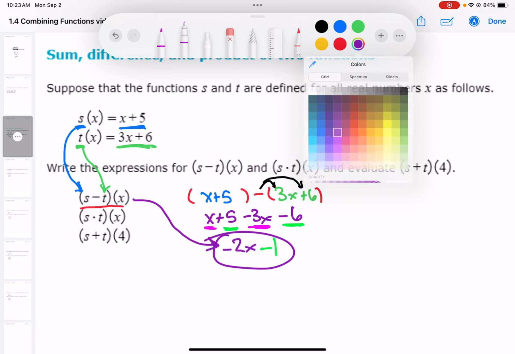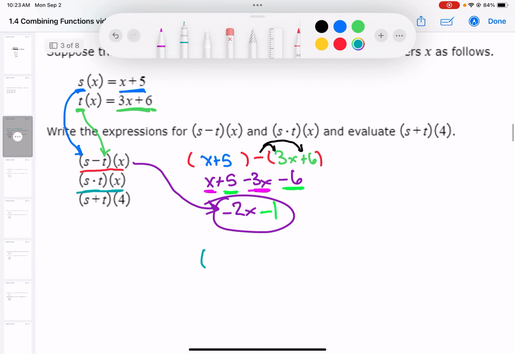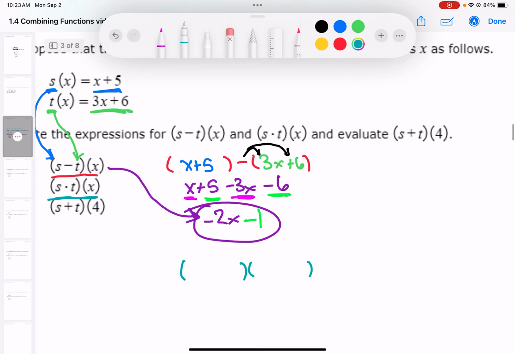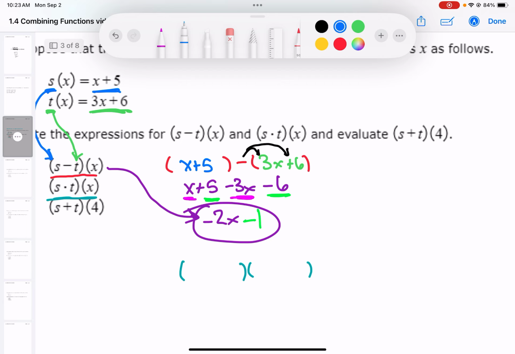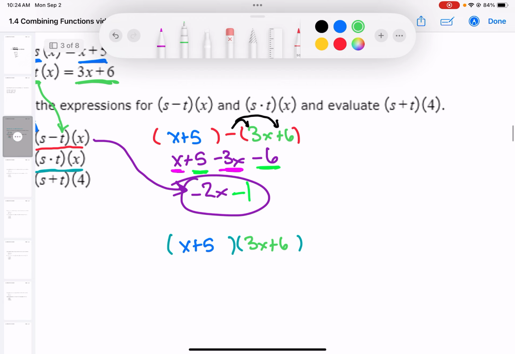Let's get a teal color here. I'm going to do one of them, and then I'm going to multiply the other. So my first one, s, is x plus 5. And then my second one, green here, is 3x plus 6. I'm not adding these together, I'm multiplying them.